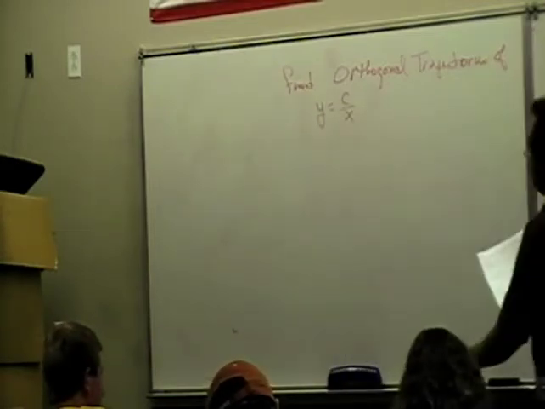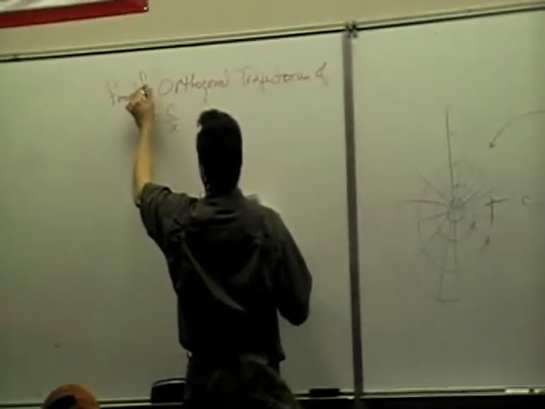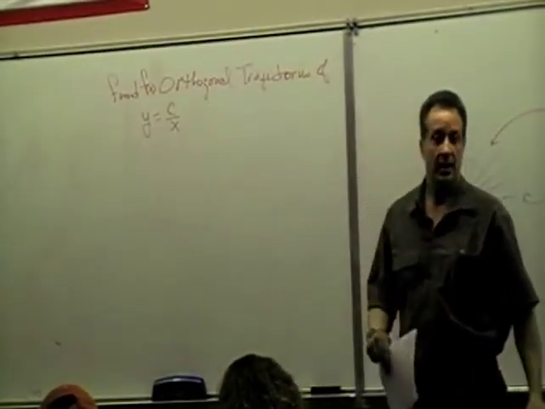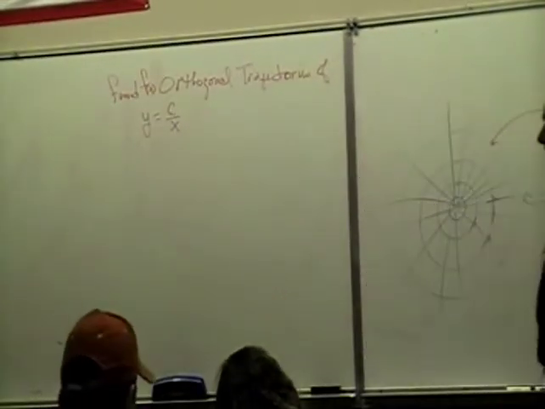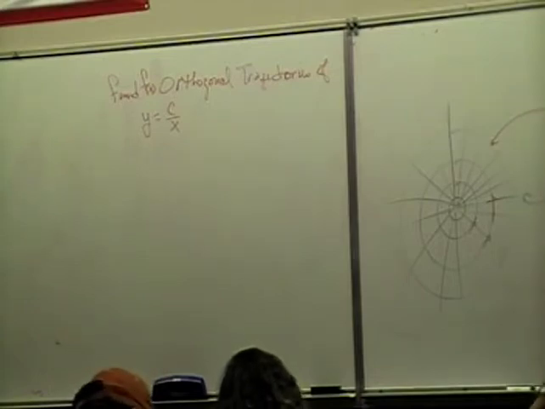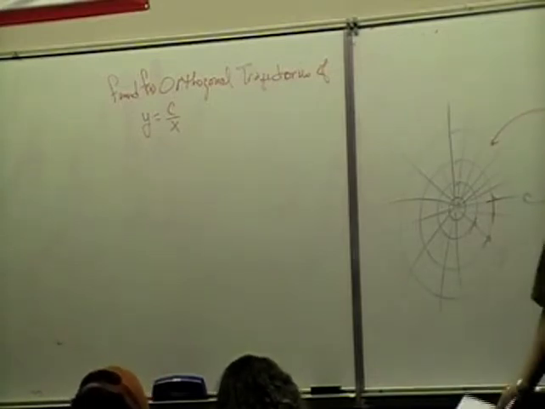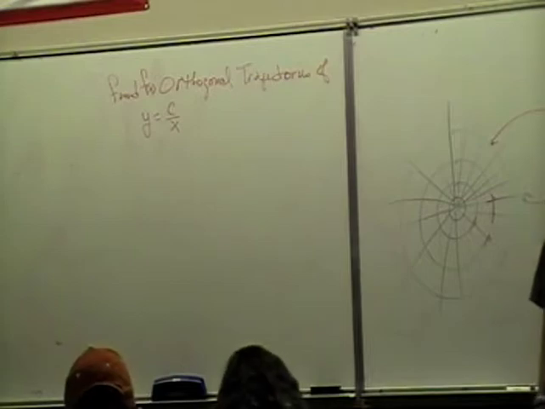I want you to find some function that is the orthogonal trajectory of y equaling c over x. And that function might just be a family of curves.